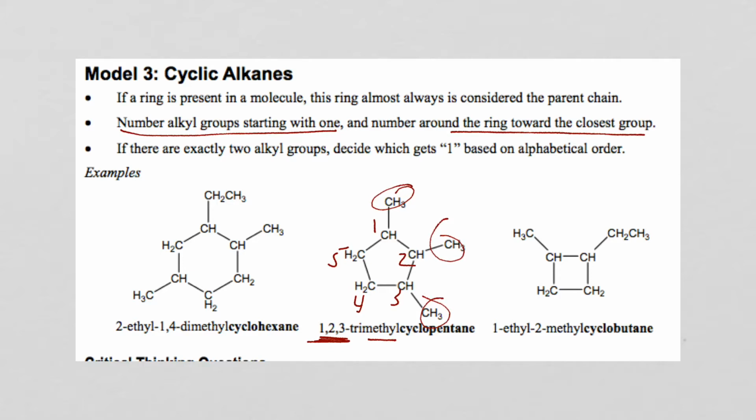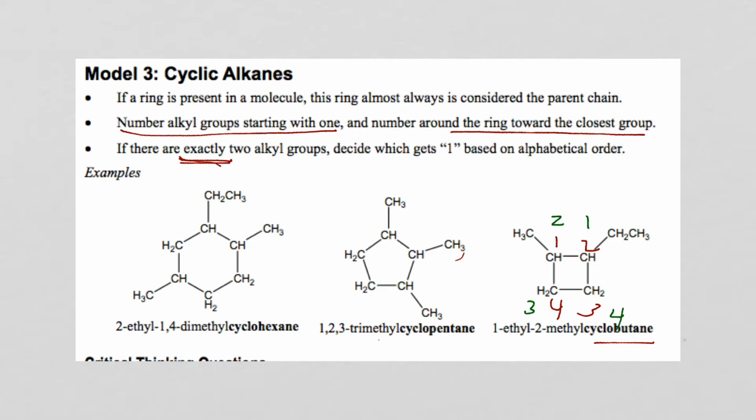Now, here's I think the key thing that is confusing this student. If we have exactly 2 alkyl groups, we can decide which one gets 1 based on alphabetical order. So if we look at the cyclobutane over here, are we going to number these carbons 1, 2, 3, 4, or are we going to number them the other way?